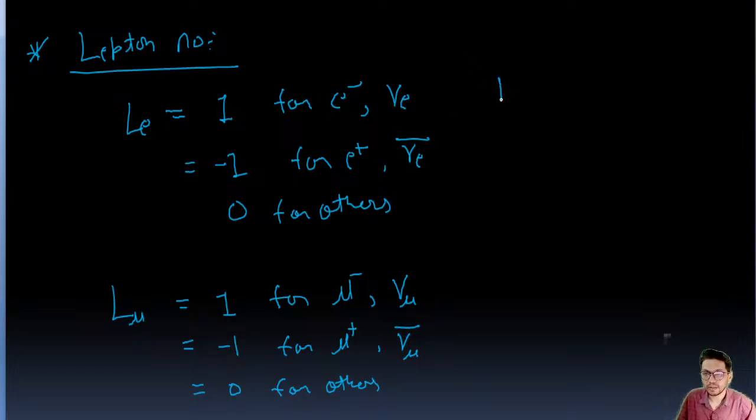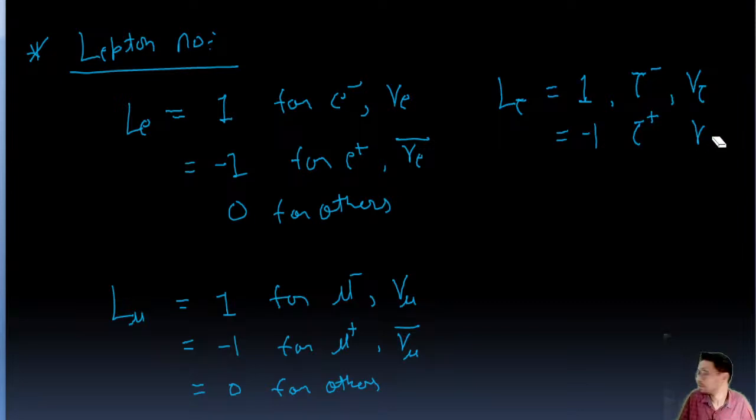Similarly, for L tau, this is also lepton. We're talking about tau. The value of lepton number is going to be +1 for tau minus and its neutrino, nu tau. And this value is going to be -1 for the tau plus antiparticle and the antineutrino, nu tau bar.